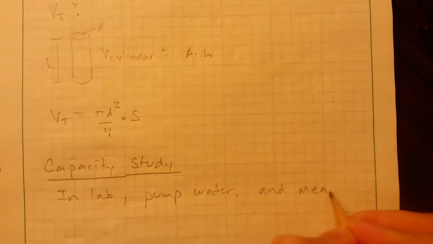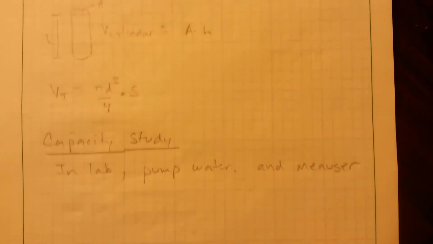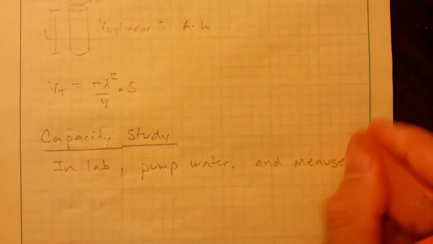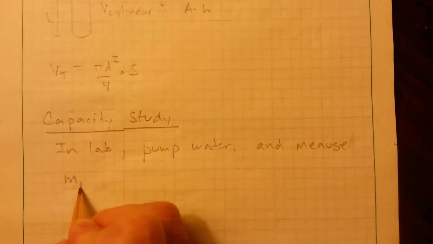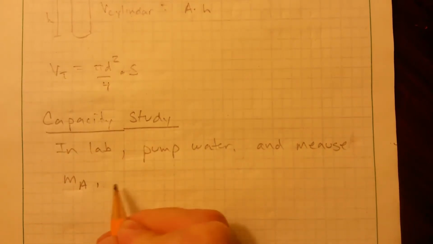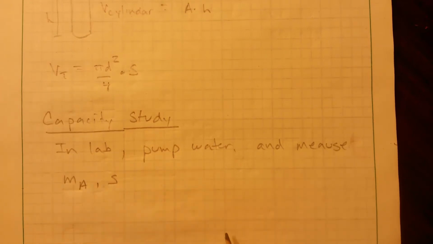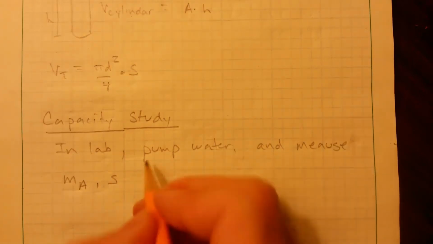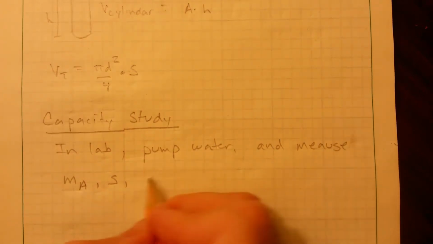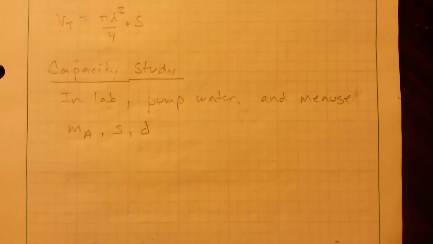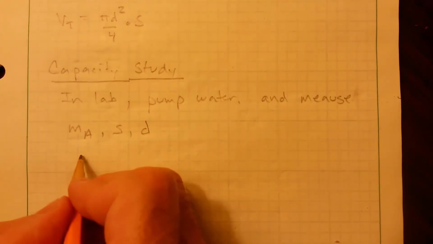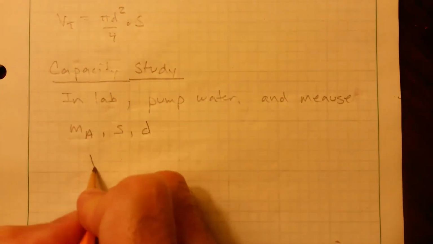While I'm doing that, I would measure the mass of the water that comes out, the distance that I've moved the handle or the piston rod, and the internal diameter of the pump.